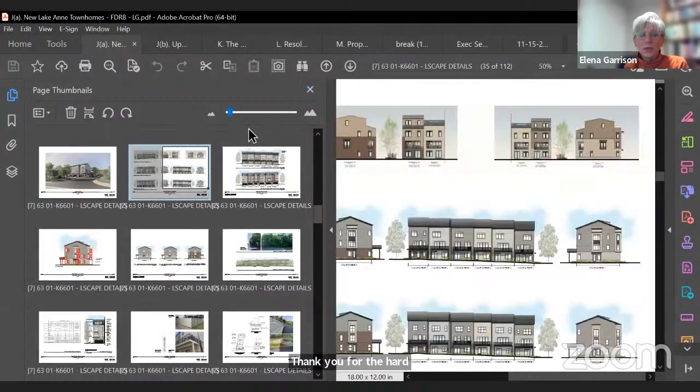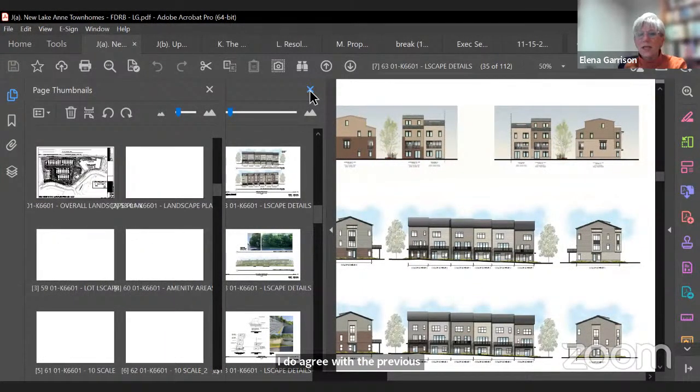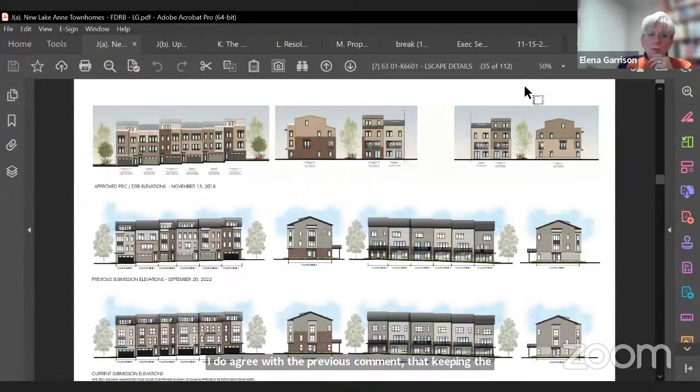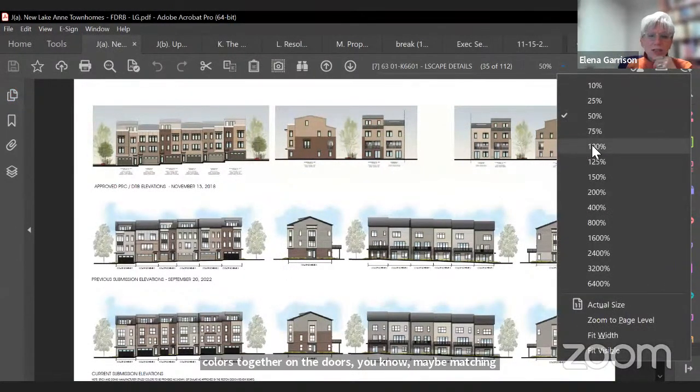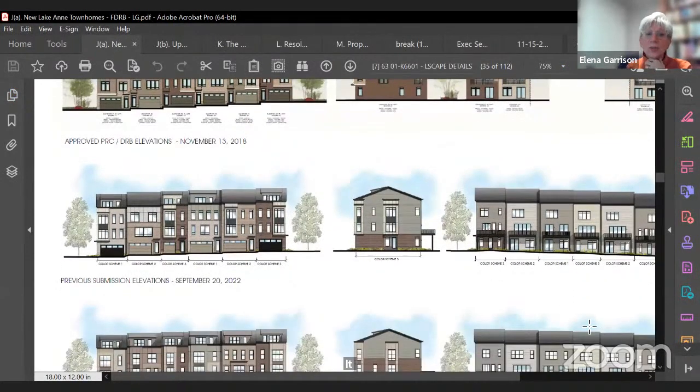I do agree with the previous comment that keeping the colors together on the doors, maybe matching the dark trim, might help them blend. I do like the consistent color of the garage doors, using a consistent color, but I don't have any other comments to add from the other previous comments.